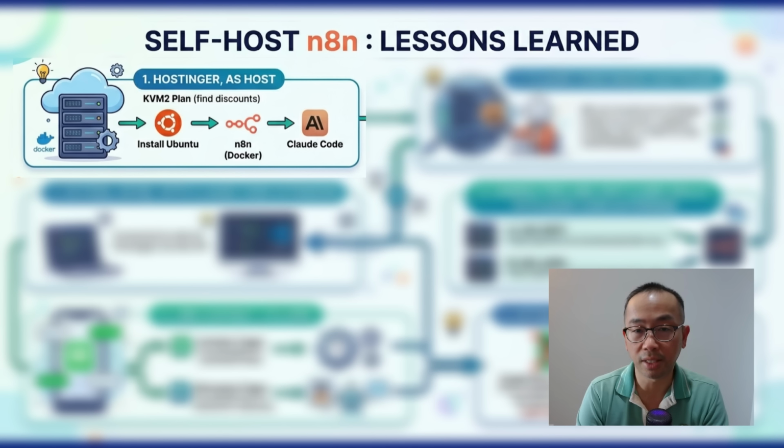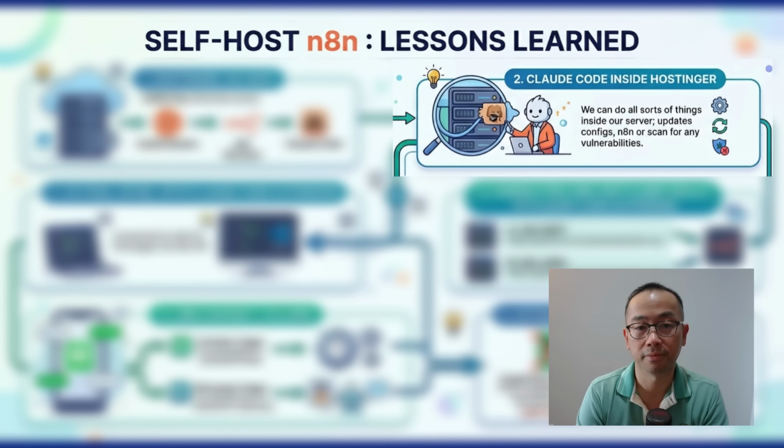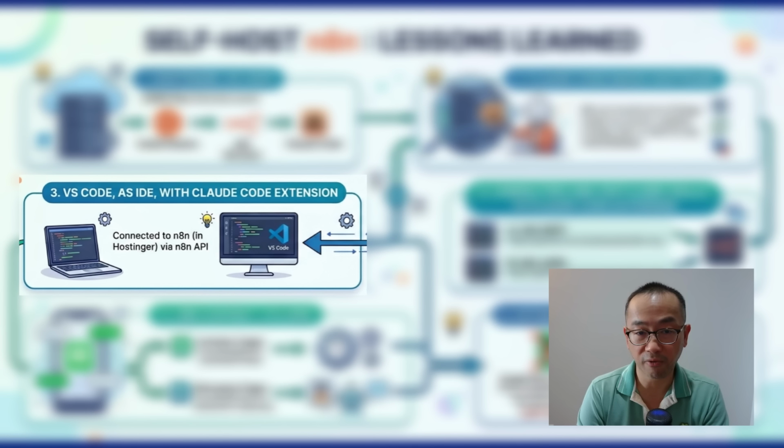First, this is to choose the Hostinger as the virtual private server. And then we install Claude Code inside the server. And because I interact with the server from my local machine, I have my VS Code with the Claude Code extension in my laptop.